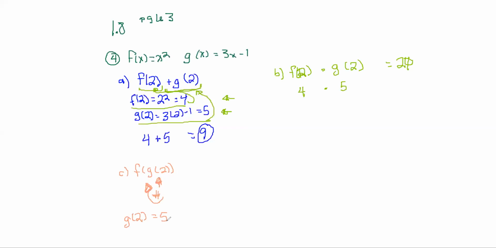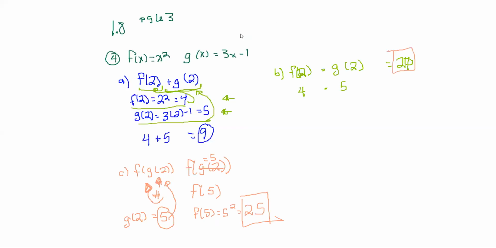And then we're going to take this number and put it back in here. So if g of 2 is equal to 5, then we need f of 5. Does that make sense? Yes. Okay. So f of 5 equals 5 squared? Mm-hmm. 25? Yep. And that's the answer to C.